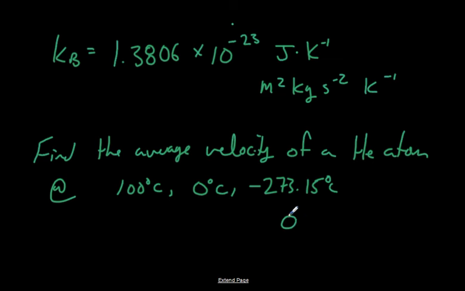So here's 0K. I think you can already figure out what the velocity would be there, because a 0 in your formula anywhere when you're multiplying gives out a 0. Then 273.15K and 373.15K. Okay, so these are the values that go in there.